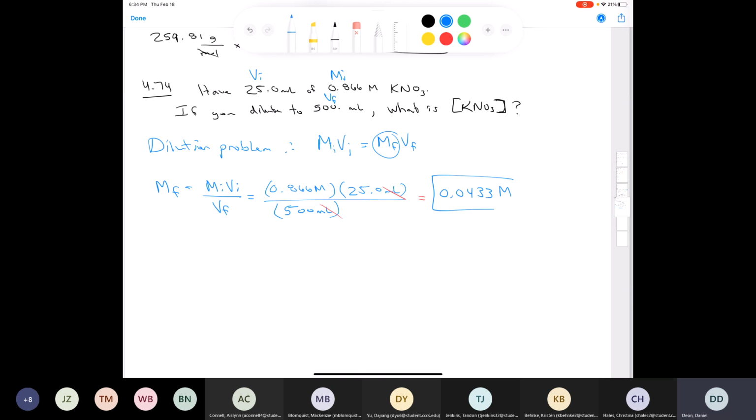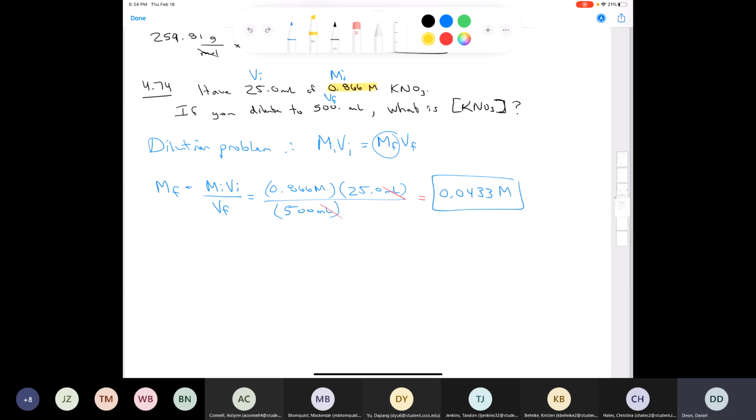That's going to be your new solution concentration. Notice that I have three sig figs here, here, and here. So I have three sig figs in my final answer. Also, you can always ask yourself, does this answer make sense? You're going from something that's got this molarity and you're diluting it. So it should be less concentrated, and it absolutely is. Does that make sense? All right.